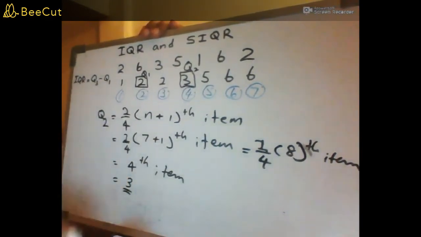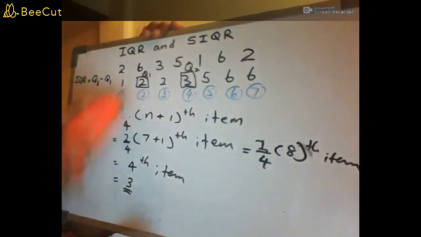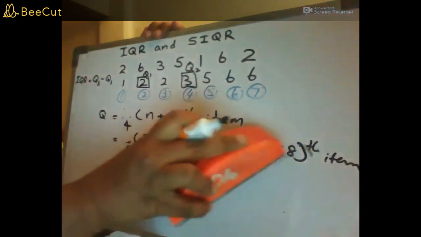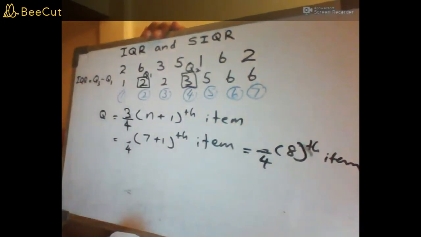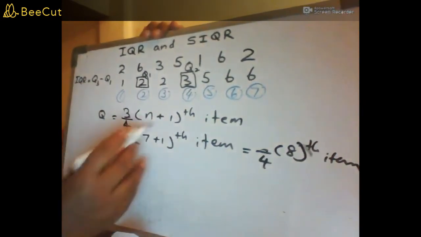Okay. Next one we'll have to find Q3. Why Q3? We need to find the third quartile. Right? Here we need that one. So Q3, it's like this, same.